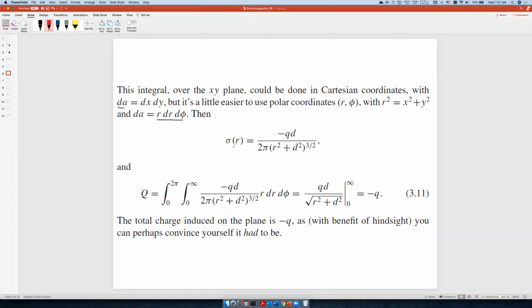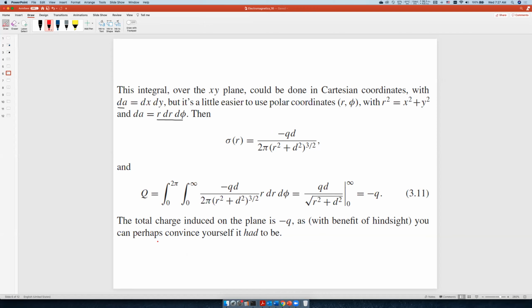Then your surface integral becomes easier to calculate, and finally your charge should be negative q. So the total charge induced on the plane is, again, negative q.